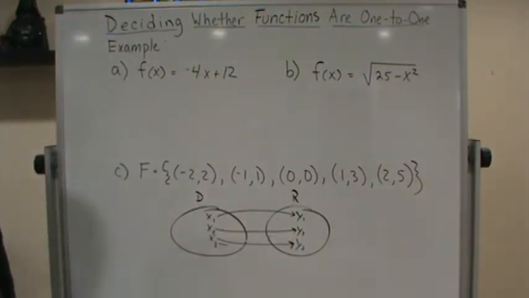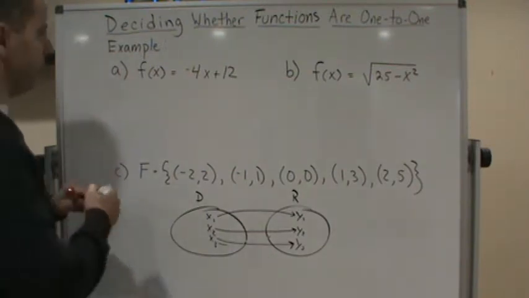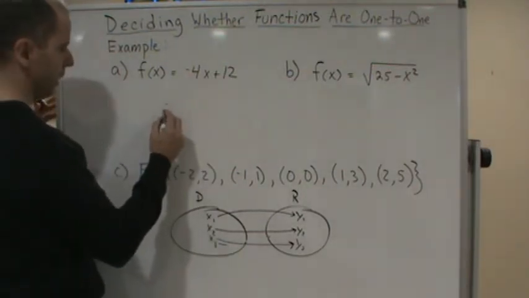Now let's do A. How do we determine whether A is one-to-one? Here's how we prove it. Remember the definition. I'm just going to write this down and then erase it.